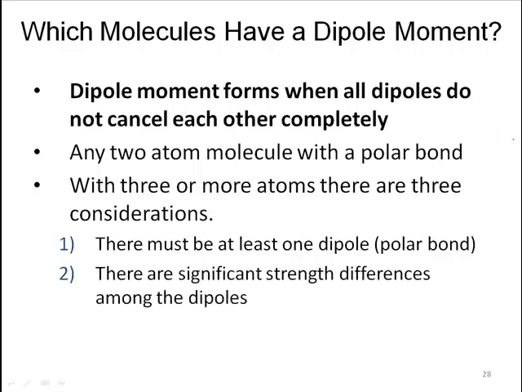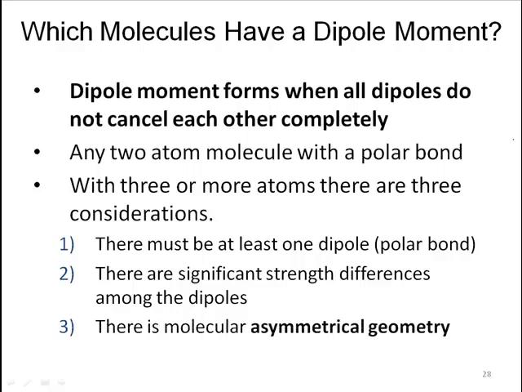Second, there are significant strength differences among the dipoles, so there must be a difference among the dipoles in the molecule. And third, the molecule has an asymmetrical geometry. Any of these things could cause it to have a dipole moment, a polar molecule.